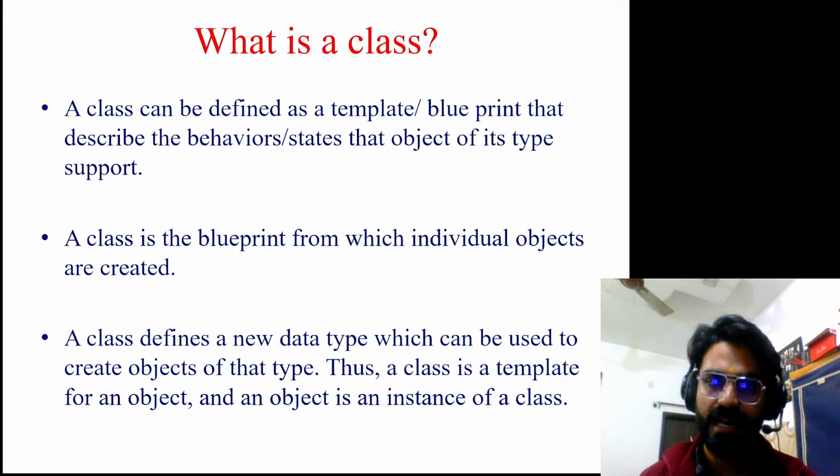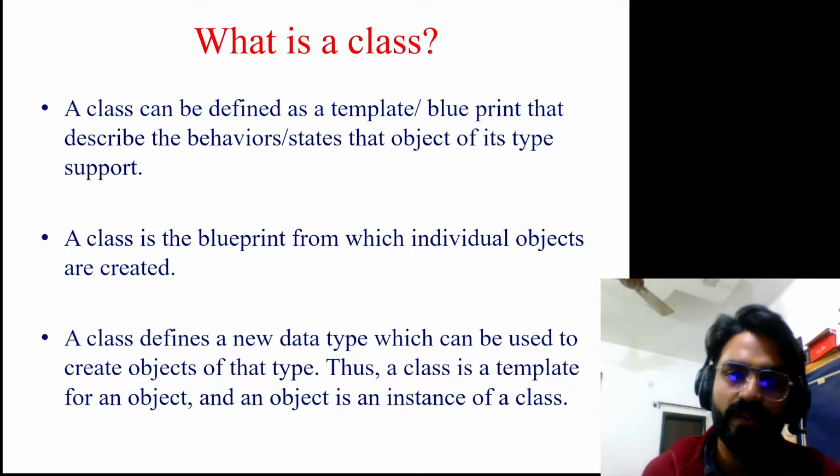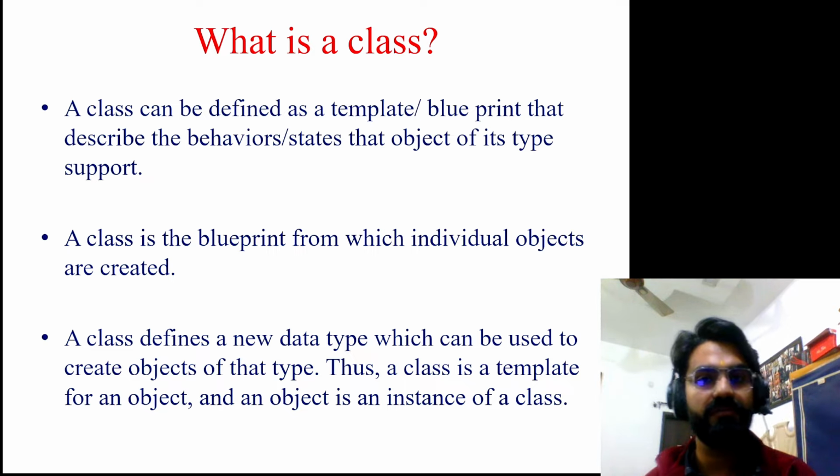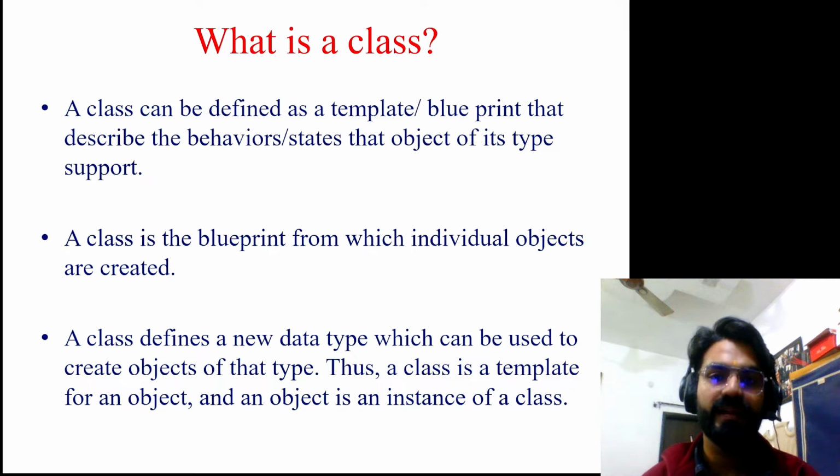So let me define an object using myself. My name is Sumit. I am an object of that whole classroom, and my roll number is 21, suppose. That roll number is a variable which I hold, and my functions are I can walk, I can sit, I can talk, I can teach. These are my methods, right? And there can be other variables like my name, my full name, my address, my phone number.